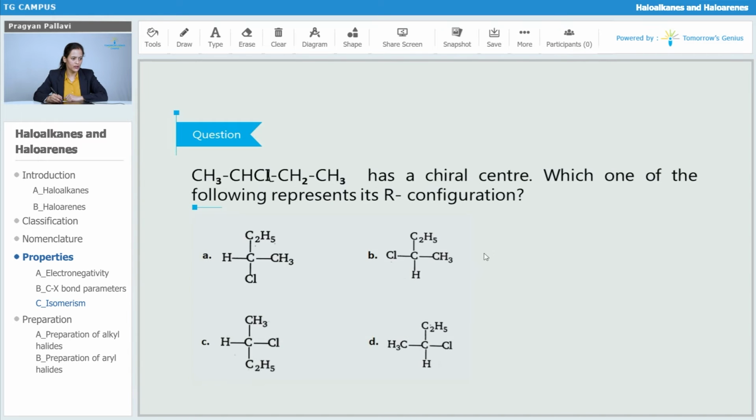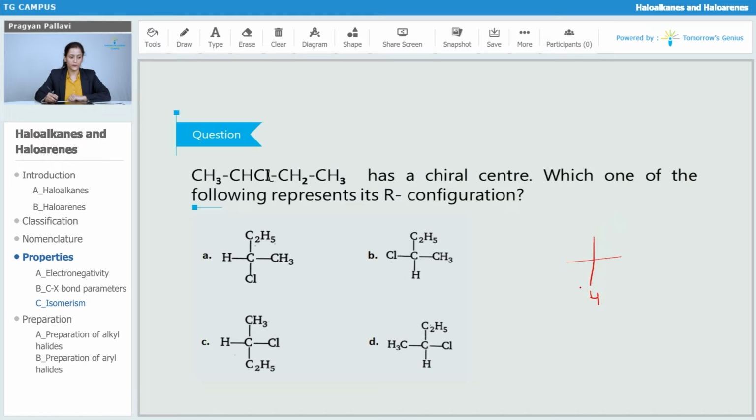So here we have been given CH3, CH, Cl, CH2, CH3 with a chiral center. Then we have to find out which one of the following represents the R configuration. In order to find R and S configuration, we should remember that in a Fischer projection, the lowest priority group has to be kept in the vertical position.